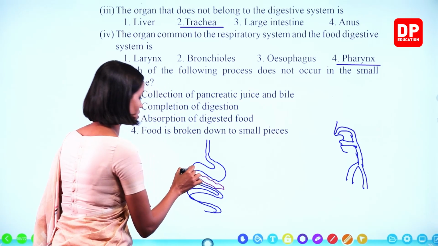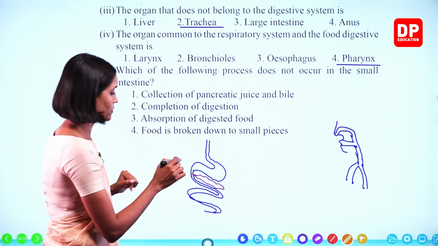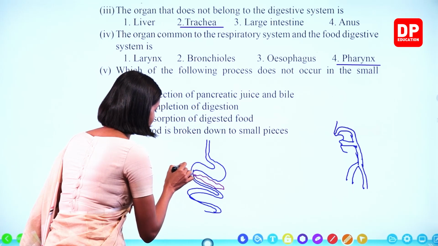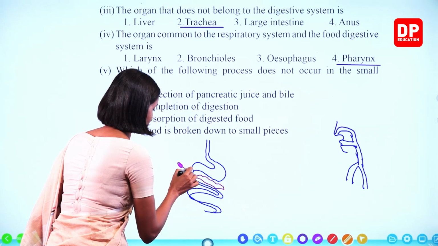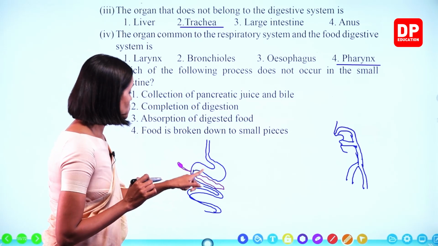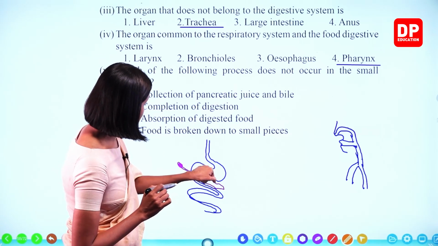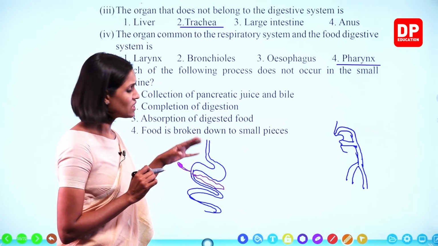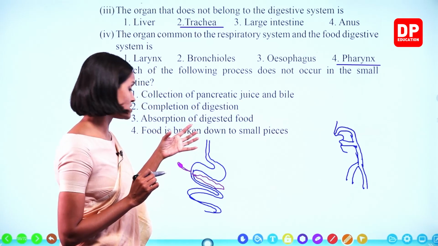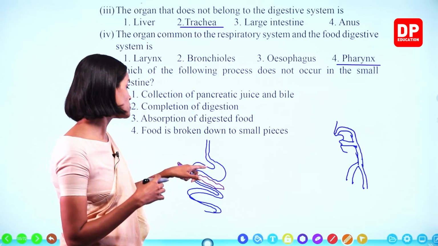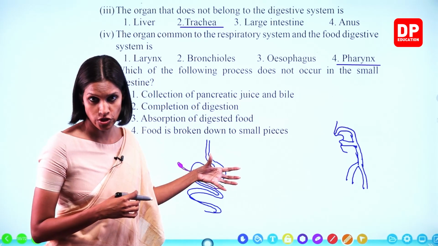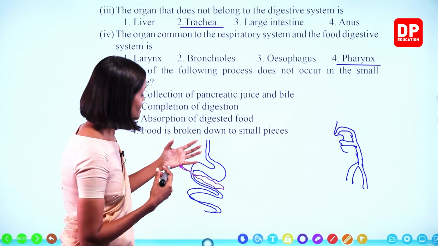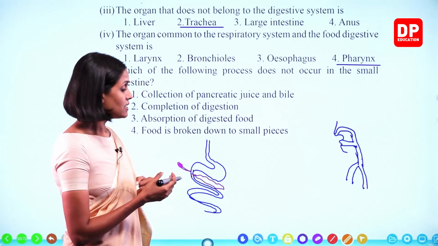This place I explained to you, that is known as the duodenum, right? And from here, the gallbladder combines here. I told you the pancreas adds digestive juice to the food from this place. The combination of all these juices is known as pancreatic juice, right? Because that is produced by the pancreas.